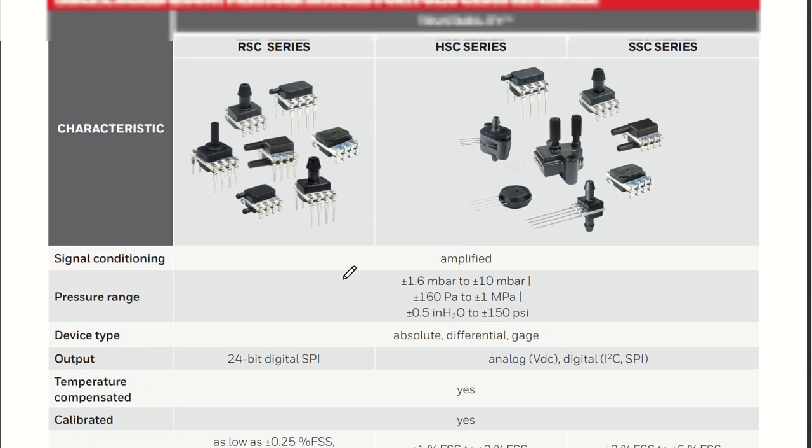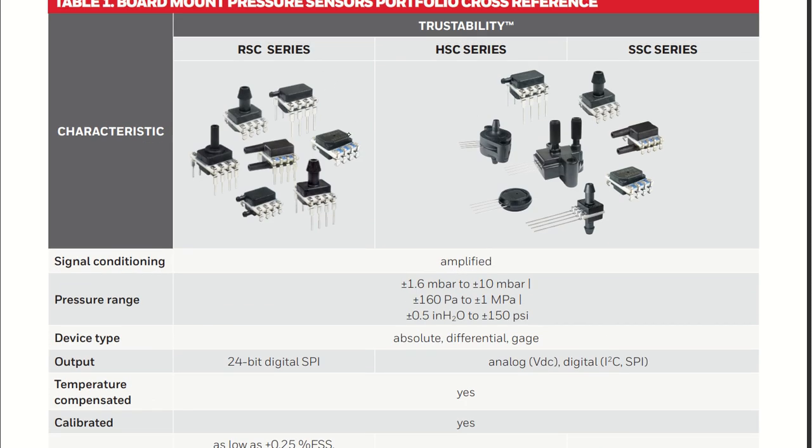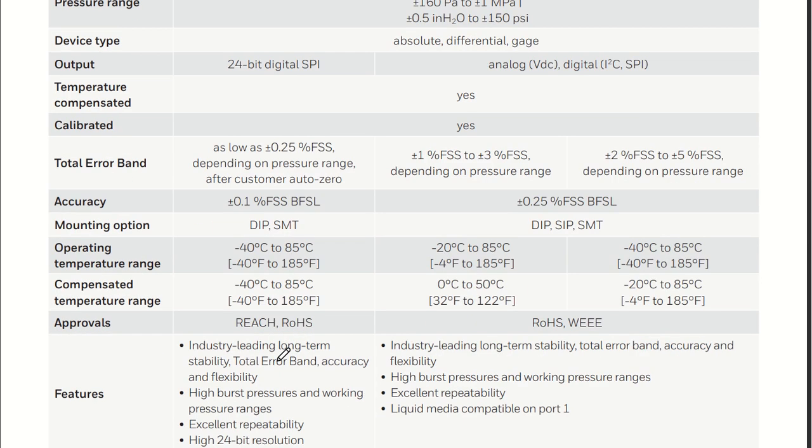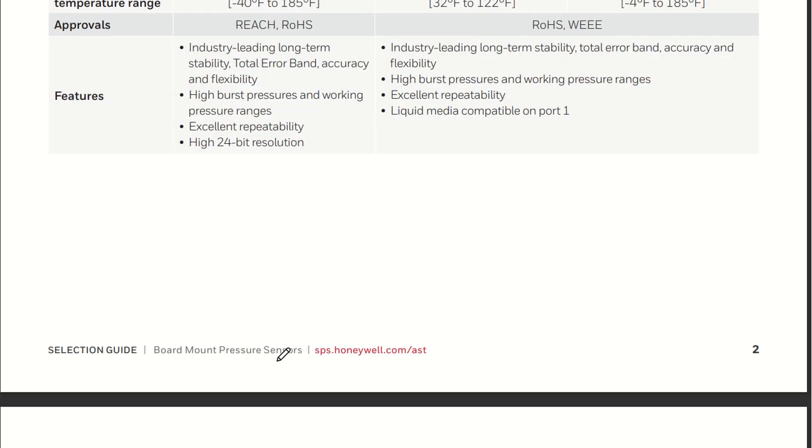Based on the application, you can go and see the particular characteristics, because going through each and every characteristic is of no use. So I'll post this document in your description and you will be able to see it. Whichever pressure sensor we talk about, we will go through its characteristics and how it is associated with each understanding. Got it?